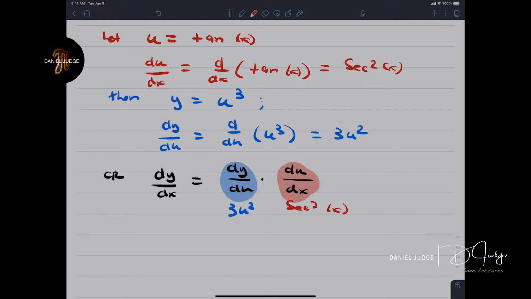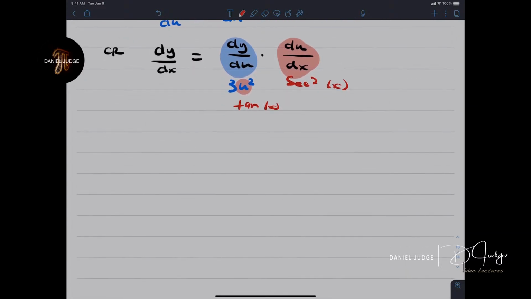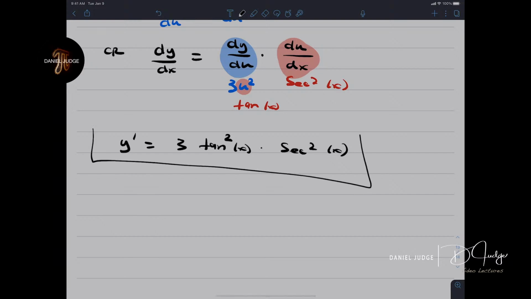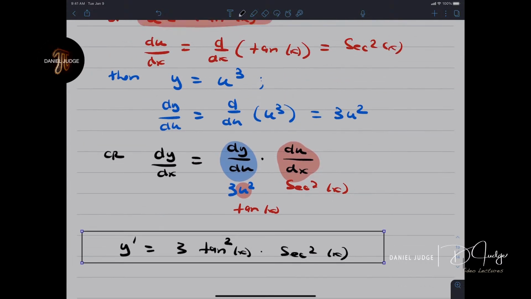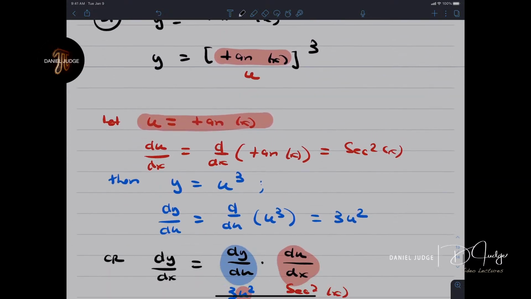So my u now, we want to remember to be tangent. Y prime is 3 tangent x to the second power times secant squared x. And there you go. This is number 29.